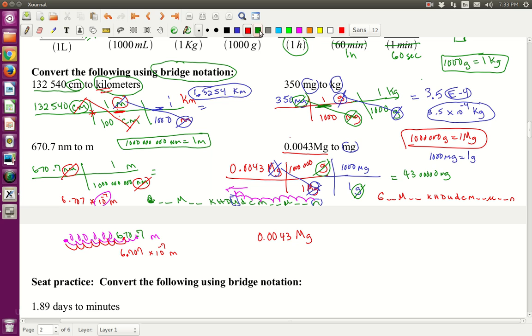All right, I am going from mega, which is this one, to milli, which is this one. So I'm going to move my decimal 1, 2, 3, 4, 5, 6, 7, 8, 9 spaces to the right. So I'm going to erase the unit so I can have an ability to do that.